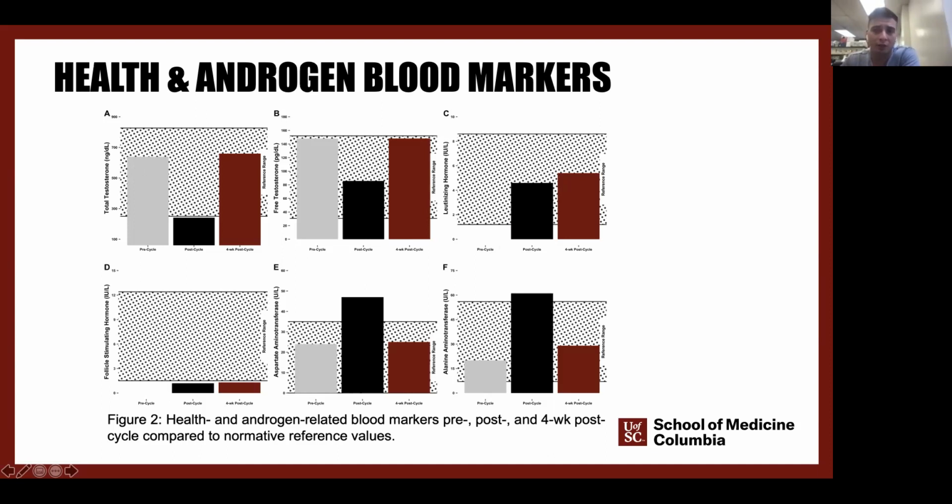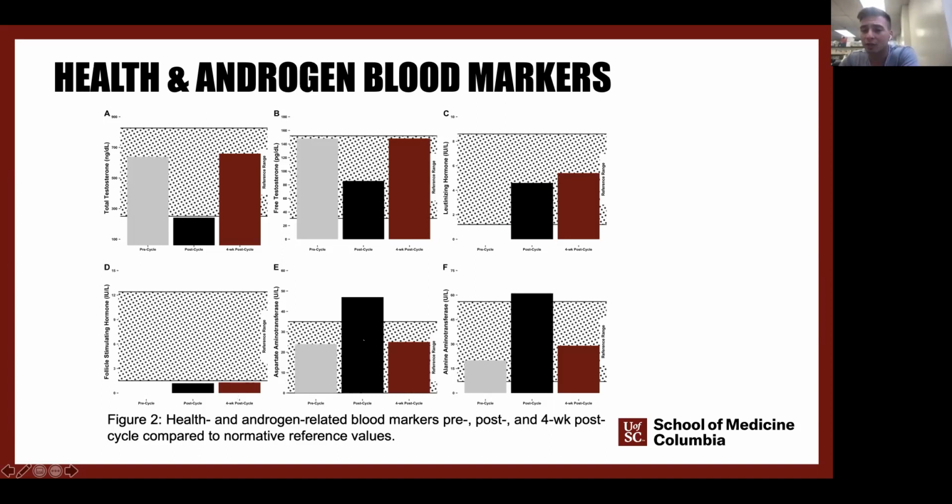This lends to the whole idea of the oral contraceptive use, but it's important to note that even 4 weeks post-cycle, this individual was still suppressed. So that oral contraceptive action of the SARM is continuing even post-usage, which isn't necessarily a good thing, right?